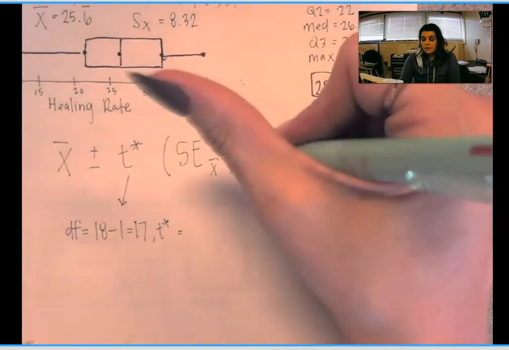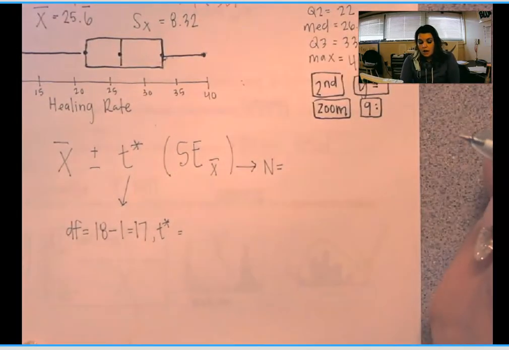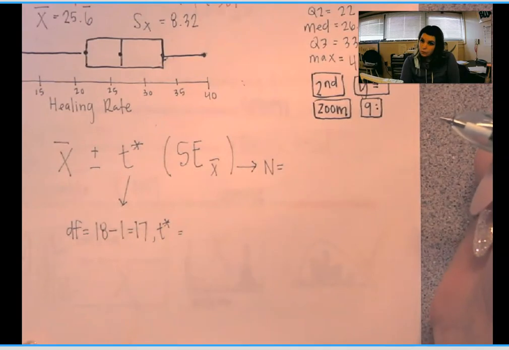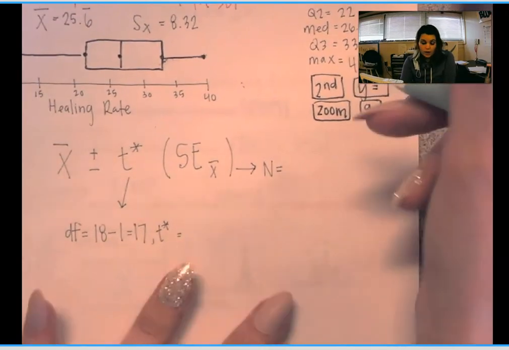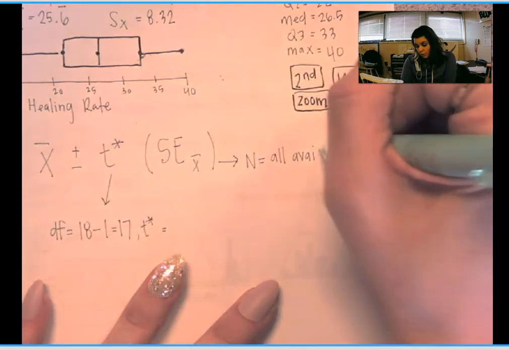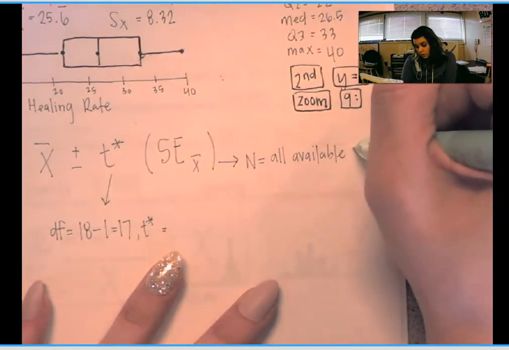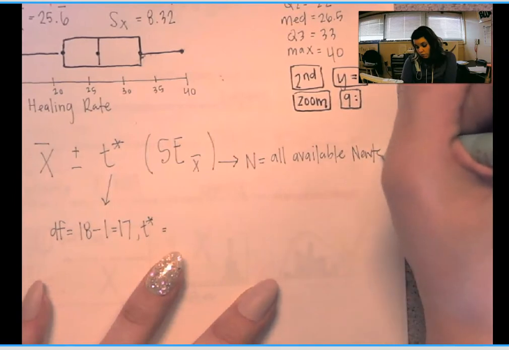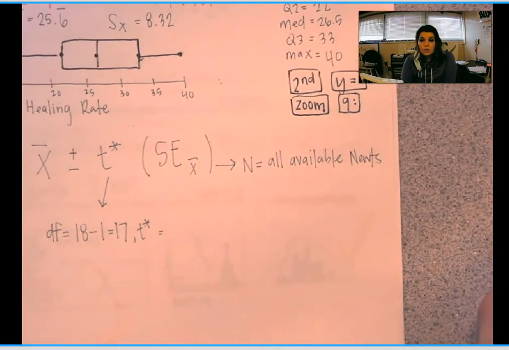Last up is our 10% condition. I don't feel like they make it very clear what N is. So for N, I'm saying that it's all available newts. I don't know how they get their newts. I don't know where they get their newts from, but the population is all newts that are available to them.